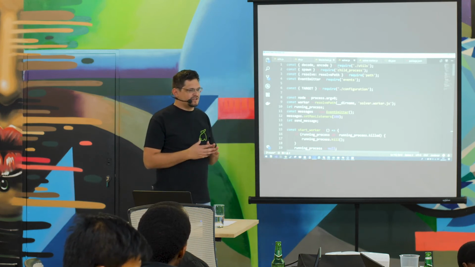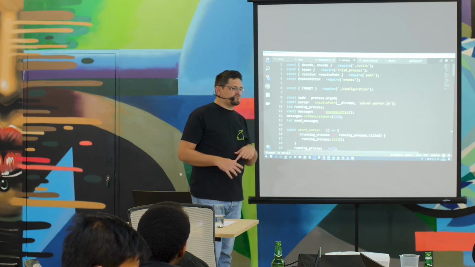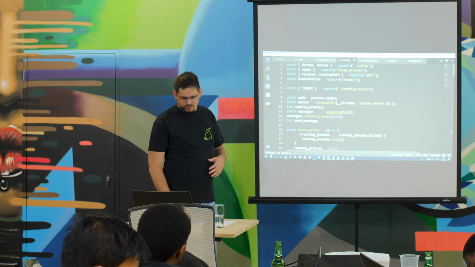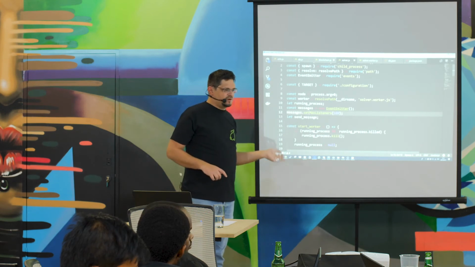There are some ways you can get it to work that way, but I thought the cleaner way to do it is to make it run in a different process. So it's got a worker that is a separate node process that runs in the background, and you communicate with it by sending things to the standard input.